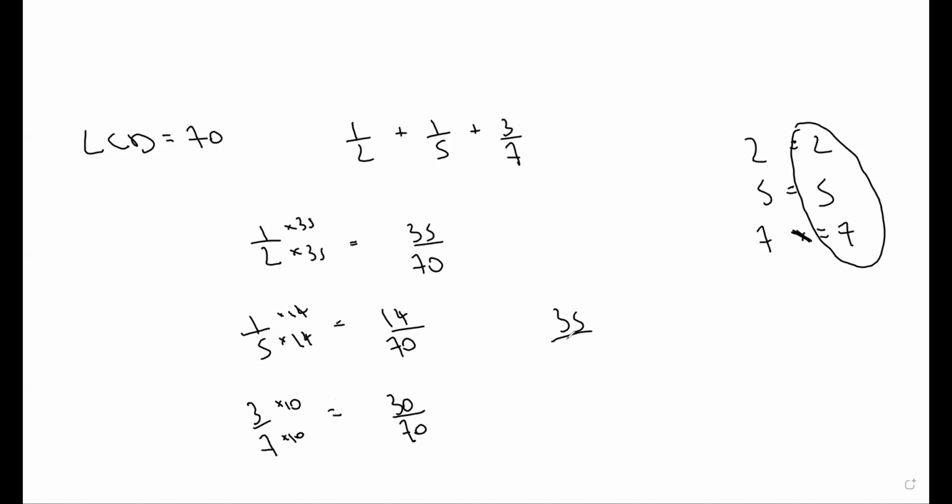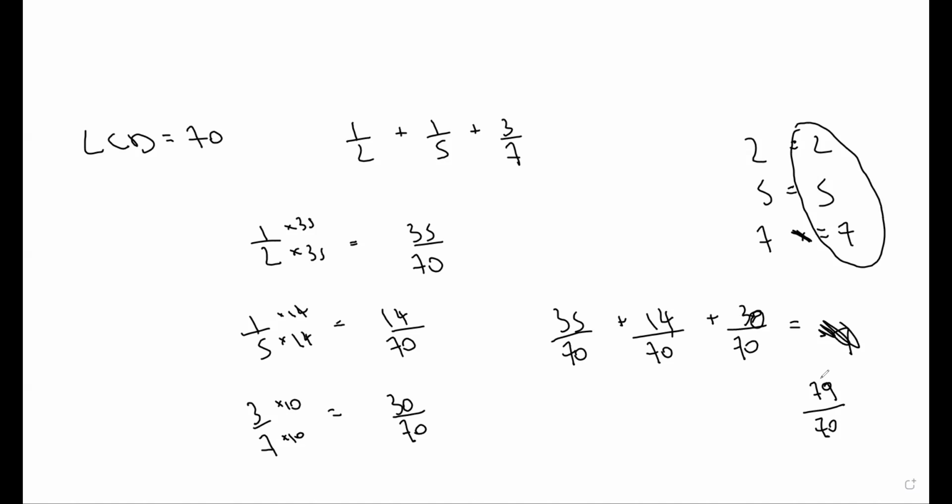And now finally add them all up. So 35/70 plus 14/70 plus 30/70 equals something over 70. 35 plus 14 plus 30. That is 79/70.